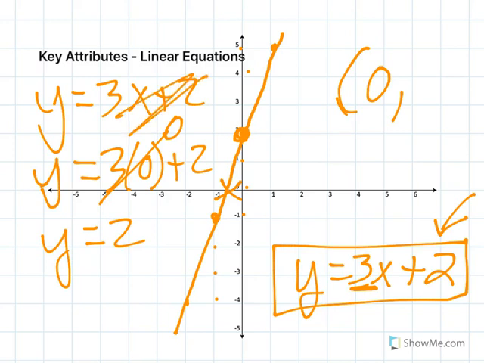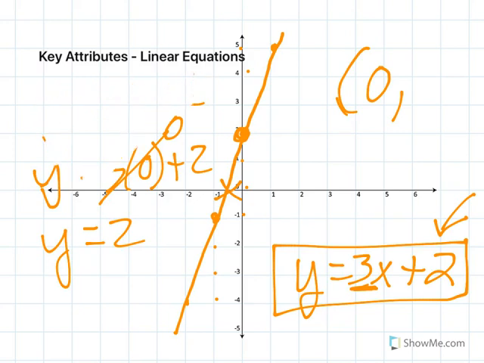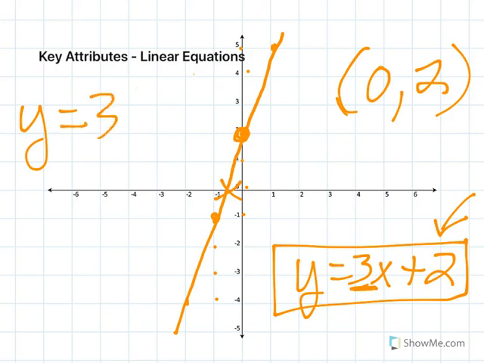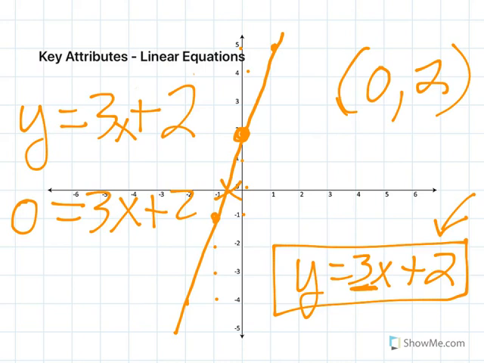But if I want to, let me make some room here. If I want to know where the x-intercept is, I have to set that when y is equal to 0. So if I go y is equal to 3x plus 2, and set y equal to 0, 0 is equal to 3x plus 2. Okay, I subtract 2 from both sides, and I get negative 2 is equal to 3x.